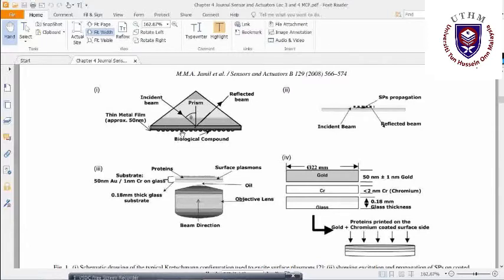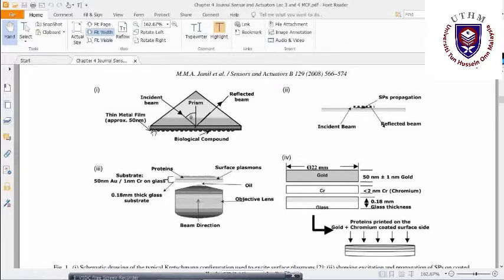This one is the Kretschmann configuration, the prism base. You have the metallic layer, and on top of the metallic layer, we deposit the biological compound. Then you have the incident beam and the reflected beam. This is the angle theta for excitation of surface plasmon.